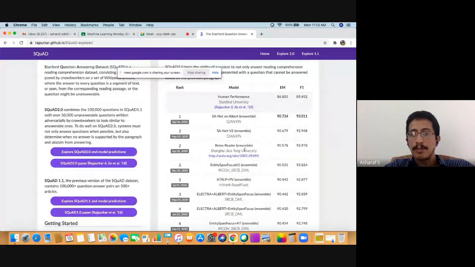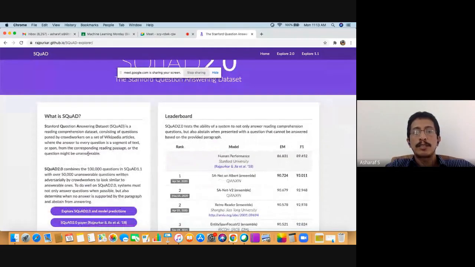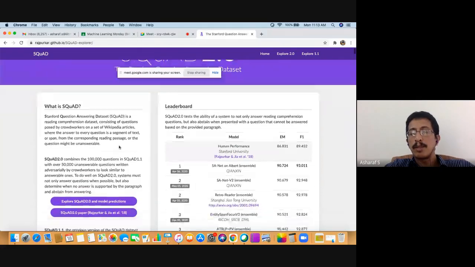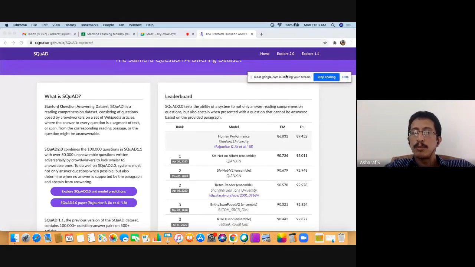Most of these are ensembles. The Stanford Question Answering Dataset is essentially where you are given a paragraph, and you answer questions from that paragraph. It's a running challenge, and people have gone beyond the human performance, which stands at 86, a little above that.